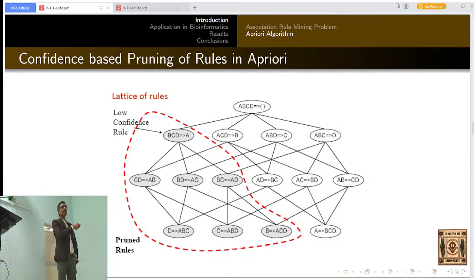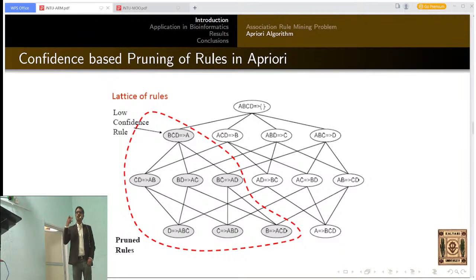If this rule does not satisfy the minimum confidence, obviously these rules will also not satisfy it. So this way we can use the rule lattice again to discard many of the association rules even without computing their confidence values.